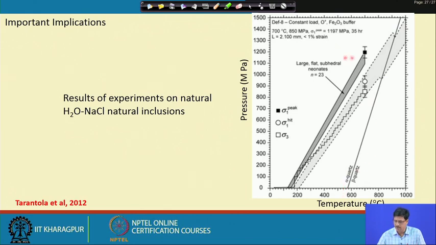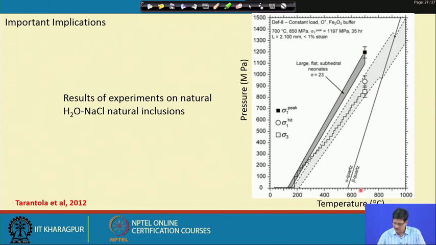It has been shown here that the results to be looked at are within the stability of the alpha quartz, and these are the isochores of the original pristine inclusions, and these are the isochores of the large flat subhedral neonats.